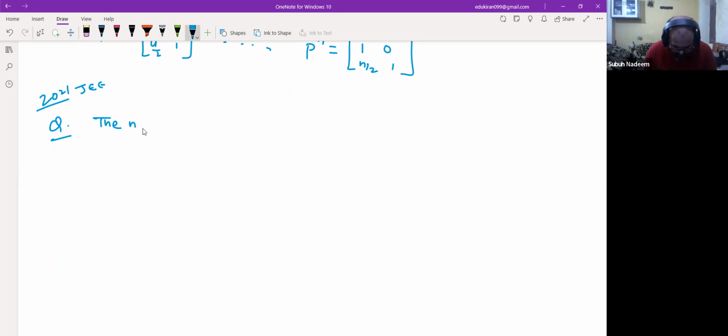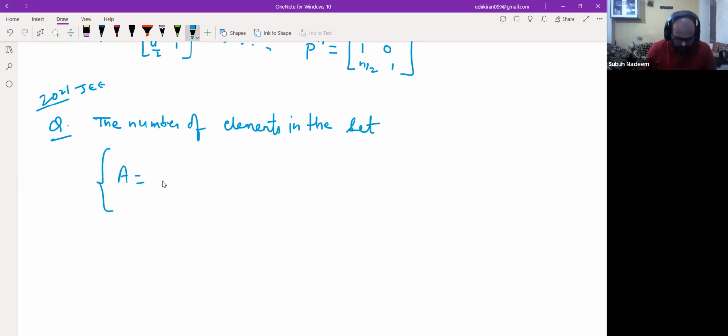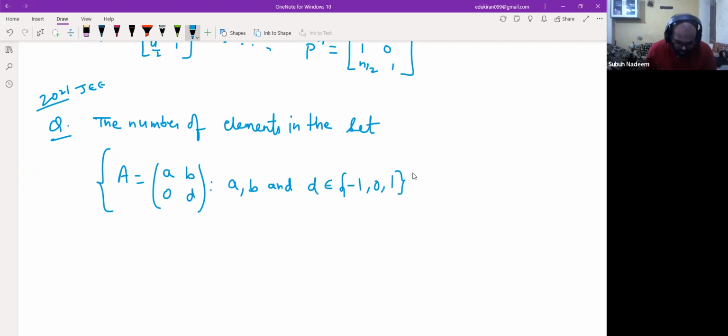The number of elements in the set A equal to [a b; 0 d], such that a, b, and d belong to {-1, 0, 1}, right?